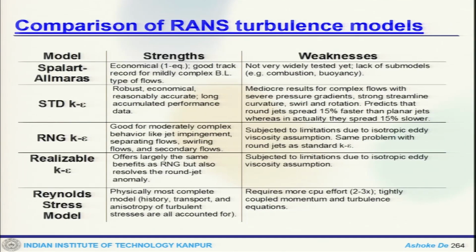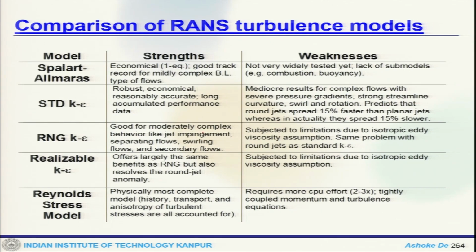So if we look at the basic strengths and weaknesses of these models, the SA model is economical, has a good track record for mildly complex boundary layer flow, but is not very widely tested. Standard K epsilon is robust, reasonably accurate, but gives mediocre results for complex flows. It does not take into account swirl, rotation.